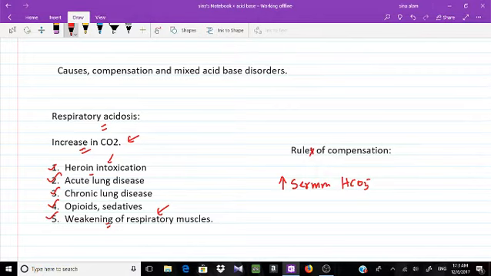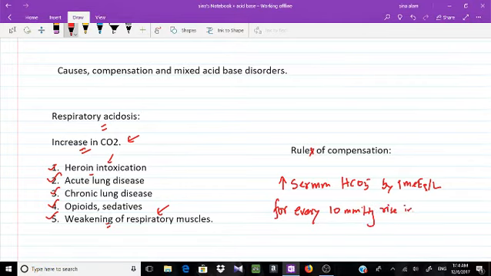But which rule will it follow? The serum bicarbonate will increase by 1 milliequivalent per liter for every 10 millimeter mercury rise in arterial carbon dioxide.